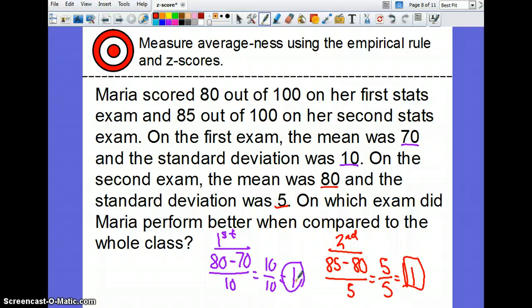So actually she performed equally well. Even though she got a higher score on her second test, where she bumped it up to an 85, if you want to compare her to the rest of the class, she stayed right on par, no change.